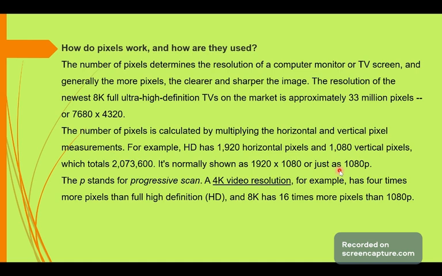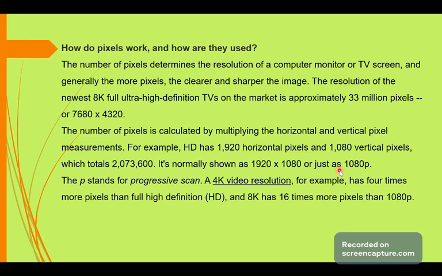For example, HD has 1920 horizontal pixels and 1080 vertical pixels, which totals 2,073,600. It's normally shown as 1920 x 1080 or just as 1080p.